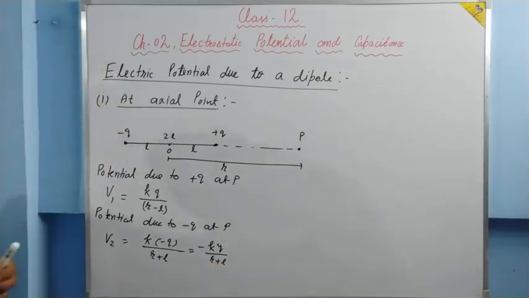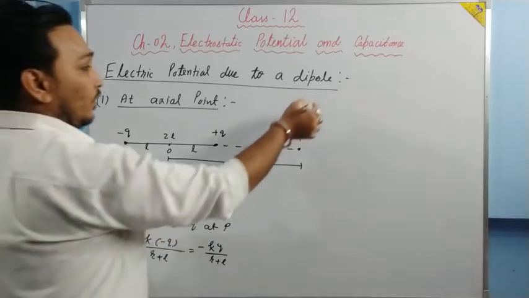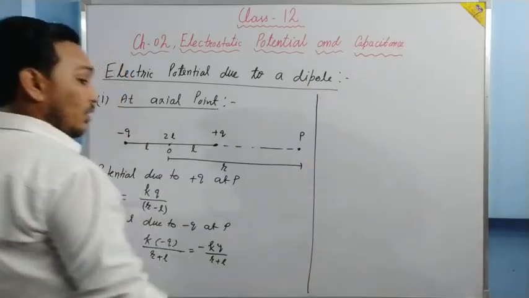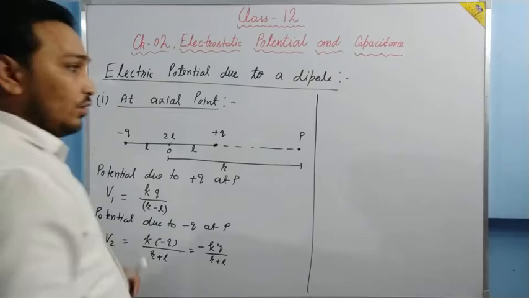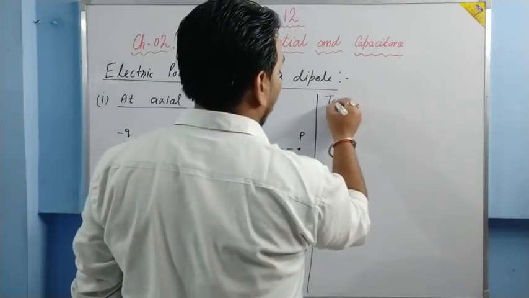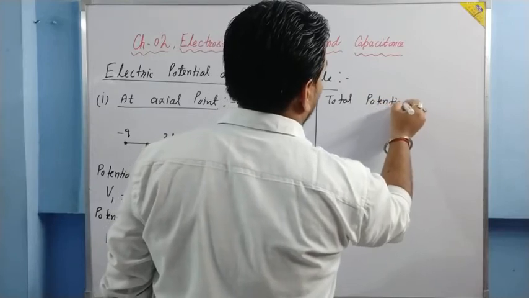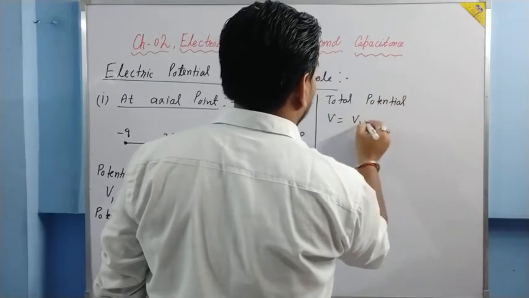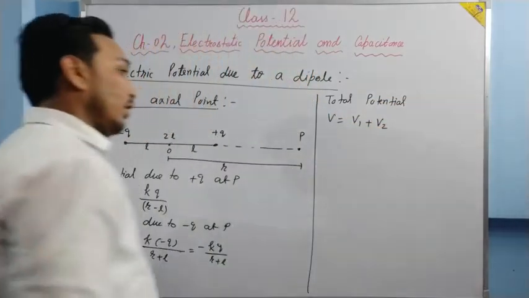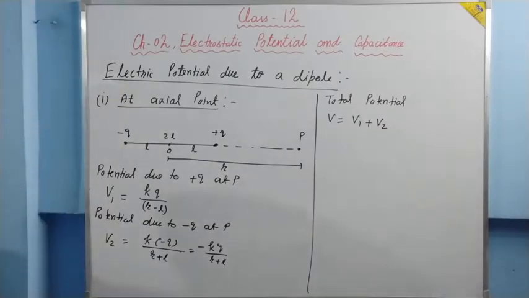Now we have two values of potential and we have to find the net potential. Then we are going to total the potential. V is going to be V1 plus V2. See, electric potential at a point is a scalar quantity.